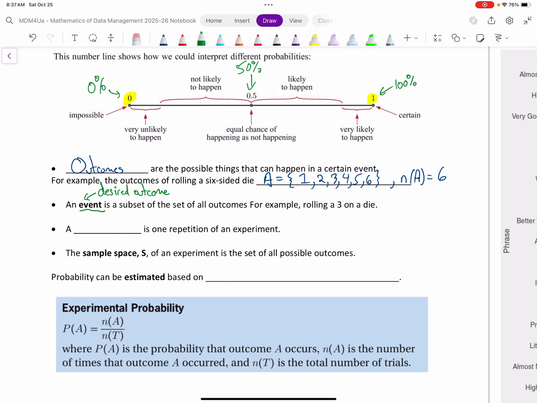So if we stick with that 6-sided die, for example, if I say what's the probability of rolling a 3 on the die, then I would write this as the probability of a 3, and I would use this notation of P for probability.